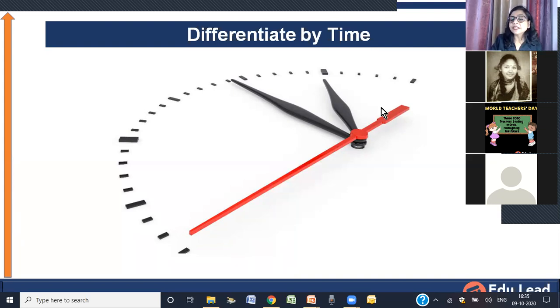Second is differentiation by time, and the example which I've written here is adaptive learning. Adaptive learning is another concept which runs more on technology, which says that once the child has attempted one level of question, depending upon whether that question is attempted right or wrong, the next question comes. So the next question is based on the ability level of the student.